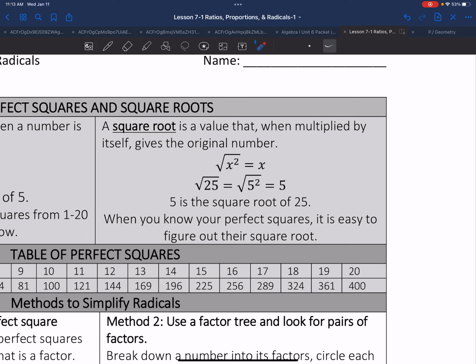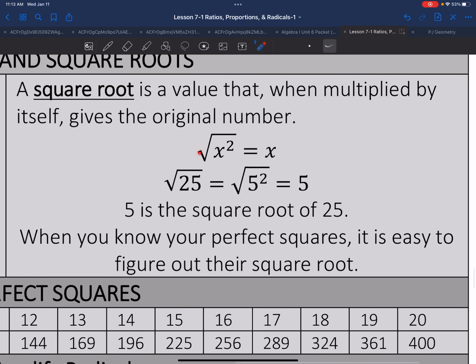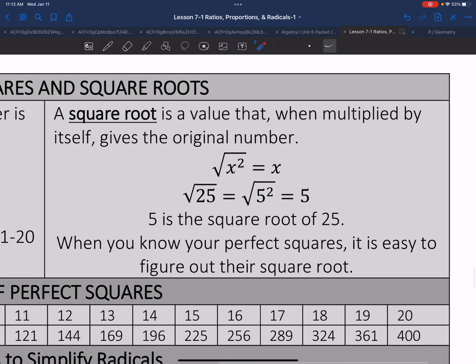What I want you to understand is that the square root and some value being squared, this little floating 2, the exponent, these things, they don't like each other. And therefore, you get the lonely x. The x is being freed from everything here. It's by itself. Here, the square root of 25, which can be rewritten as the square root of 5 squared, right? 5 squared is 25. The square root and the 2, they do not like each other. So therefore, the 5 is free. Okay? So that's something that you need to know about square roots.